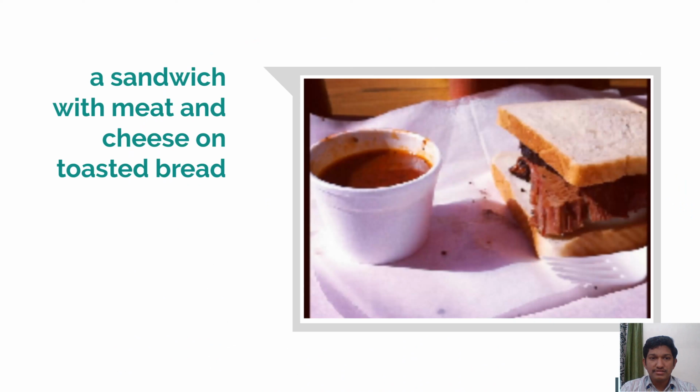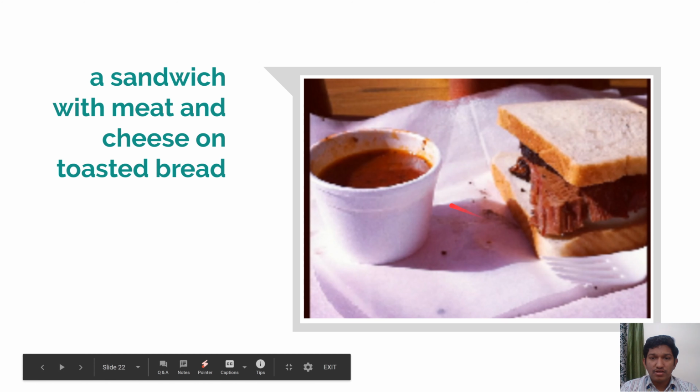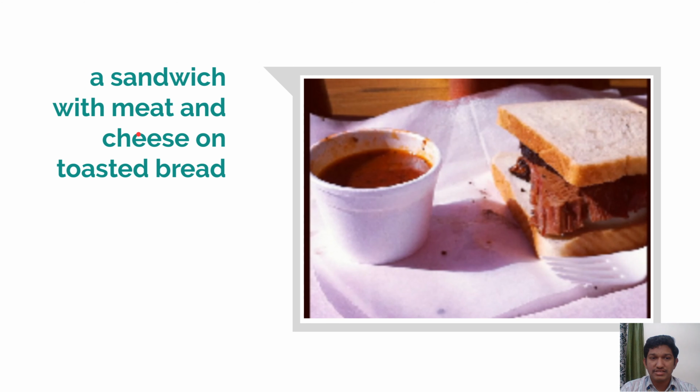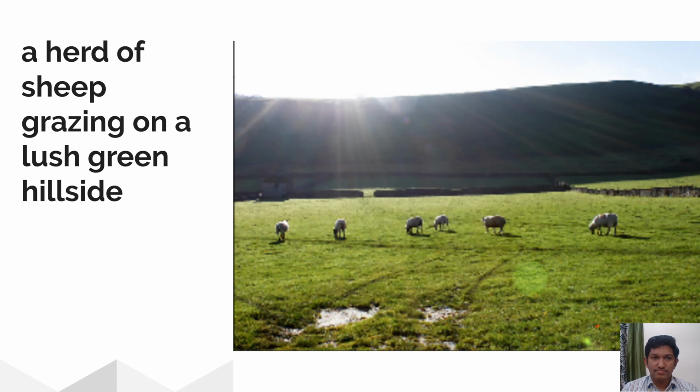here are our results. The first one is given as an input to the network, and it shows this as an output: a sandwich with meat and cheese on a toasted bread. I hope this is pretty much similar to what is inside the image.